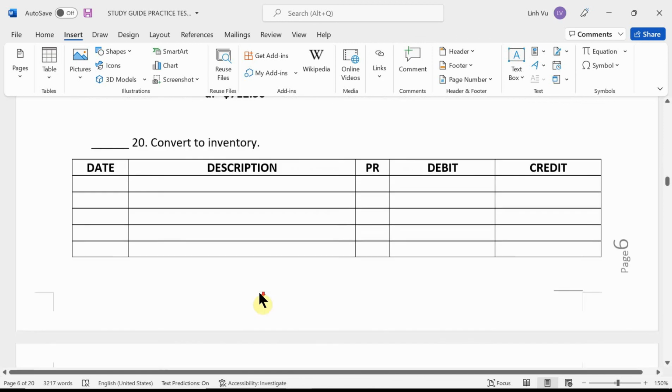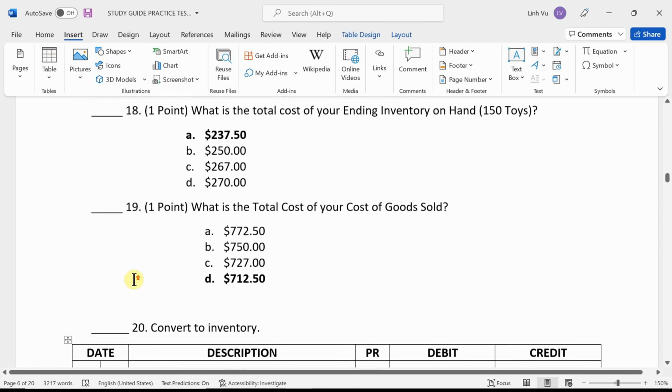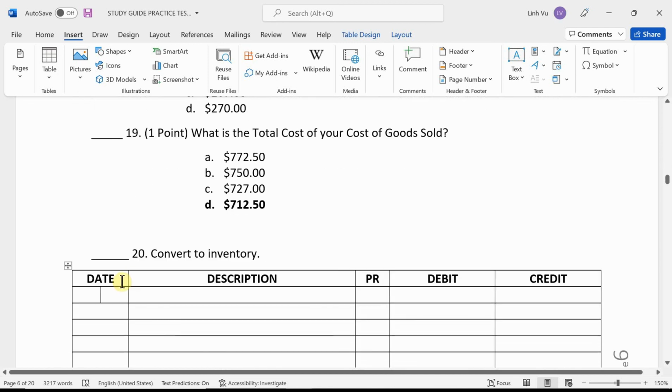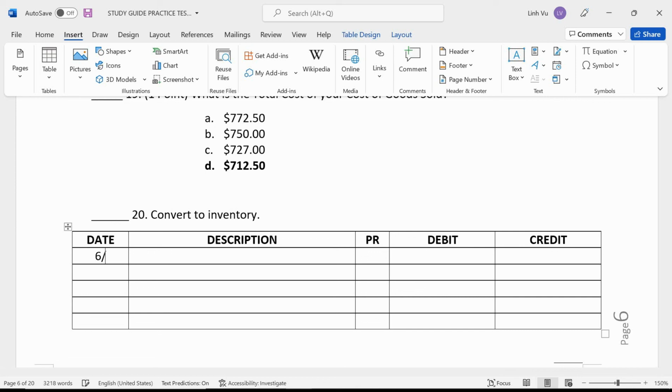And here you go. Let's practice the conversion entry. So how do I convert this scenario right here into a conversion entry? Let's say it's June 30th, right?